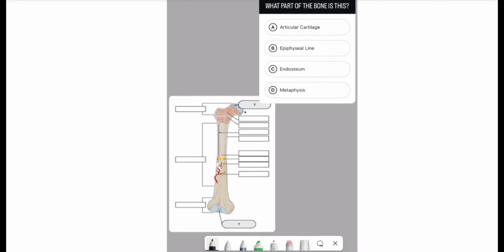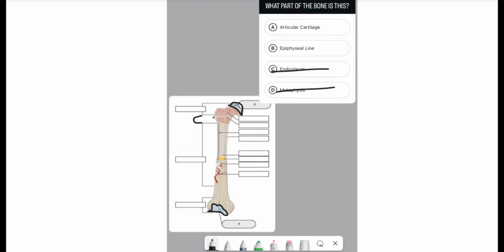Alright, so here it looks like we're pointing to this grayish area on the proximal and distal ends of the bone. So you're not going to be your endosteum. Remember, that's a inner covering, not an outer one. Metaphysis is going to be your region right here that connects the epiphysis and your diaphysis.